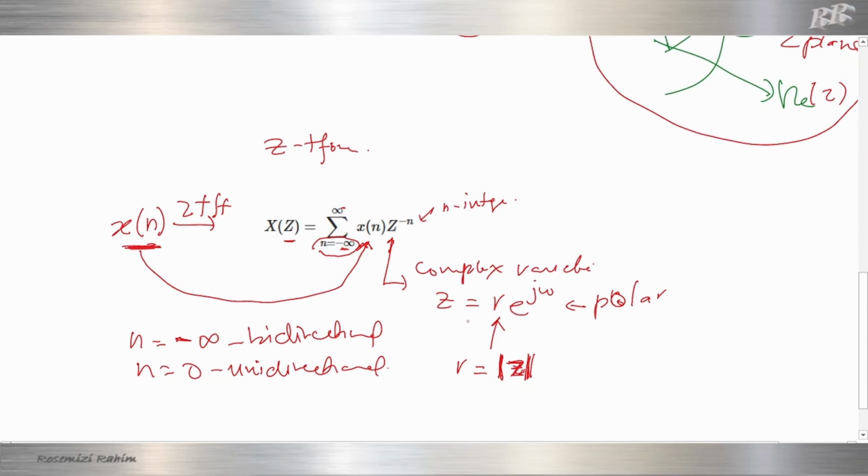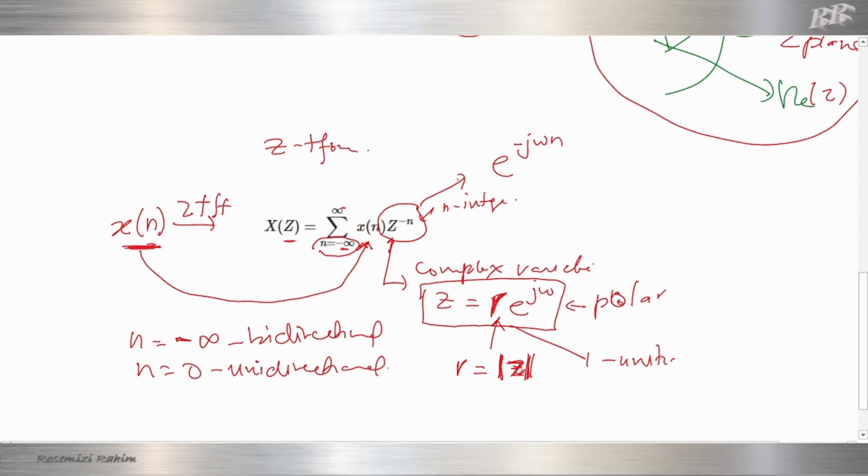If you notice here, z equals r e^(j omega). If we replace r with 1, or unity, this becomes e^(-j omega n).